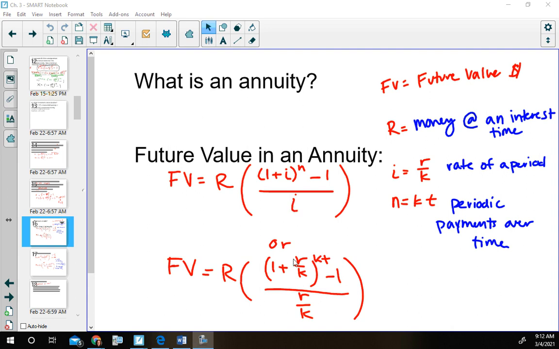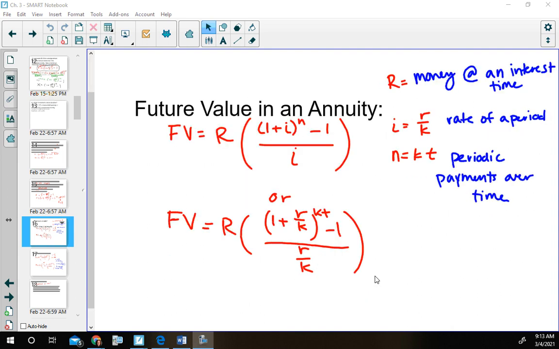So in all the equations that we're doing, it's always the rate divided by the period: rate divided by quarterly, or rate divided by monthly, or rate divided by days. When we fill in what all those variables actually mean, this is the equation I'm going to reference a lot more. We have that R, our starting amount, and the amount we're trying to get to is the FV.